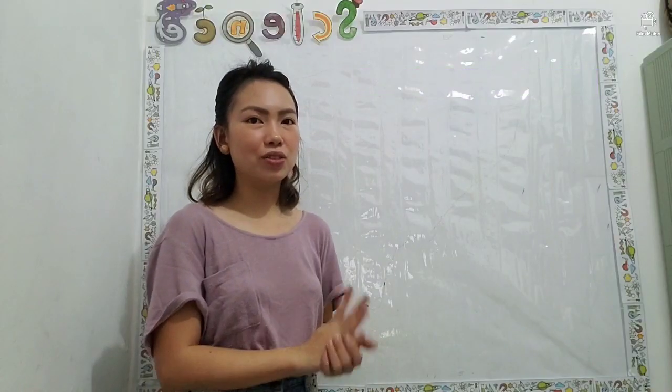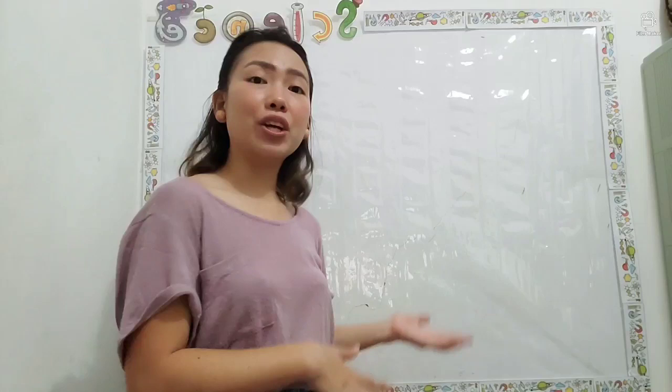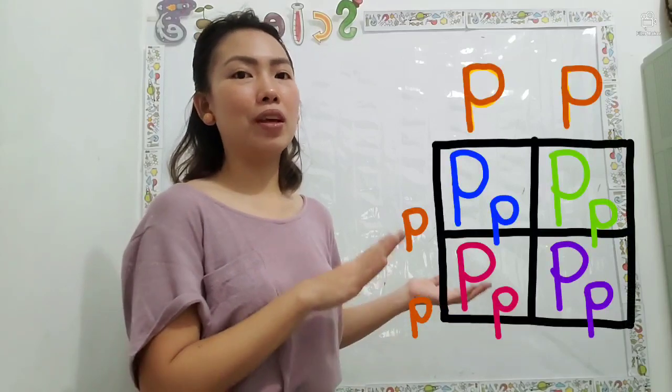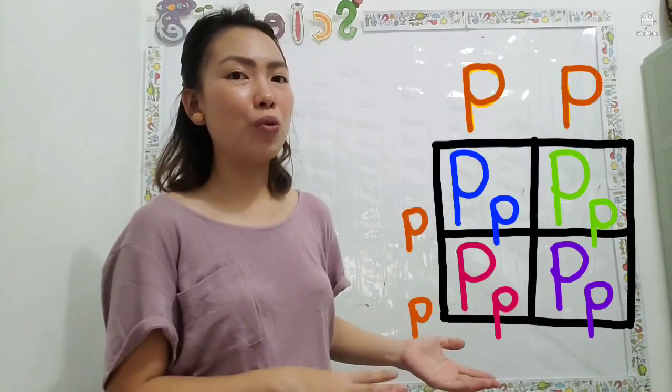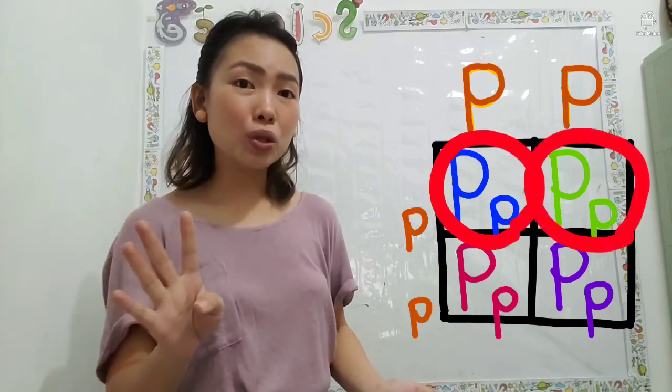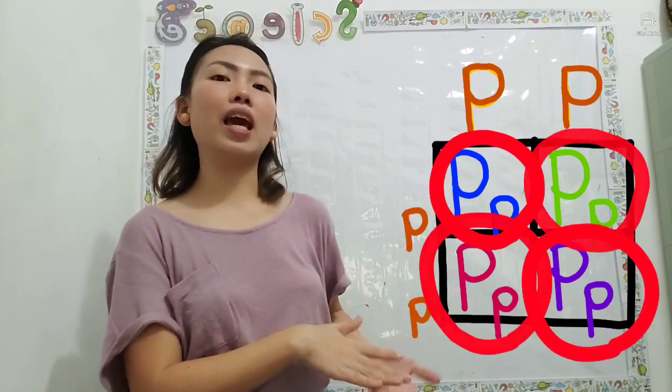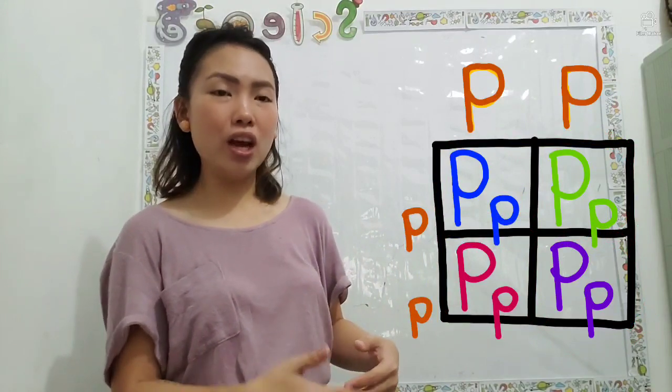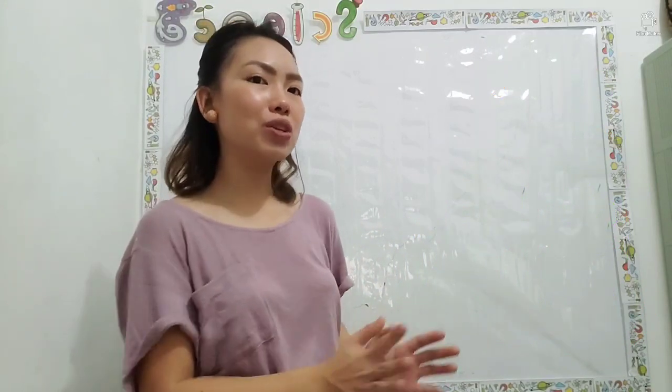Let us now discuss the result of our monohybrid cross with the purple flower and the white flower. So as we can see from the diagram that we have produced from the purple and the white flower, we have produced 4 homologous result, which is 1 capital and 1 small letter. So let us discuss about the letters that we have produced. Kanina sabi natin, on our letter for the dominant, we make use of 2 capital letters.